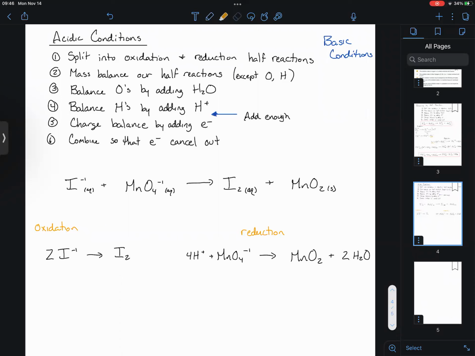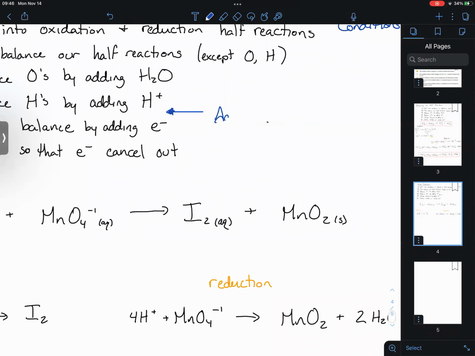Let me actually keep it that blue color so we know. We're going to add enough OHs to both sides to neutralize the H plus.